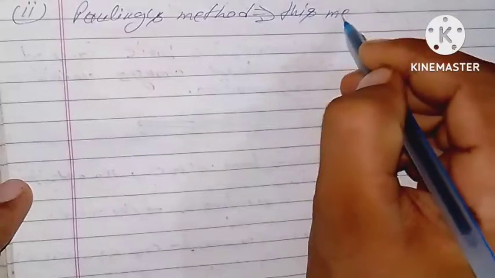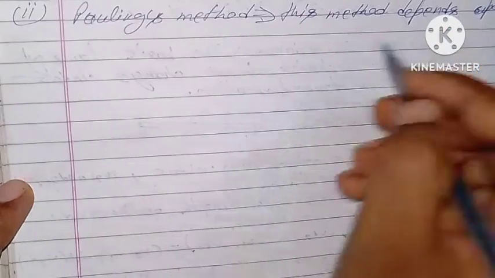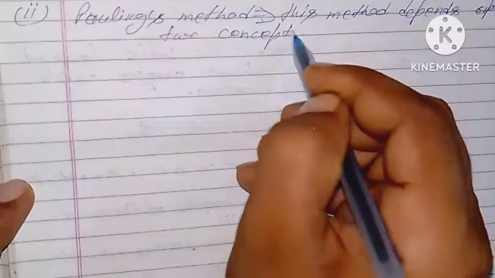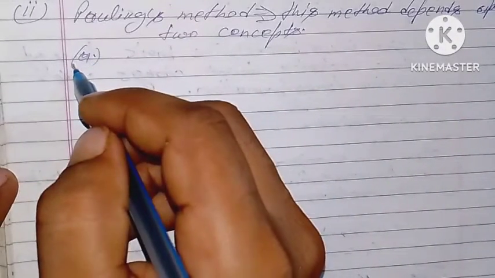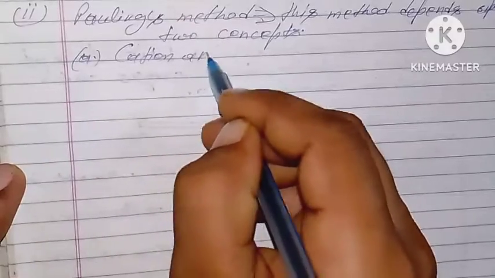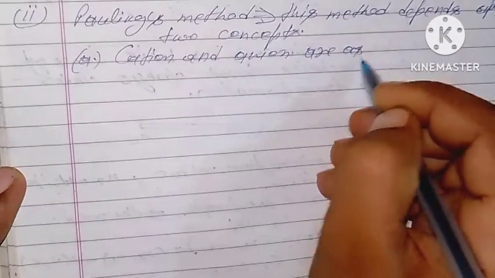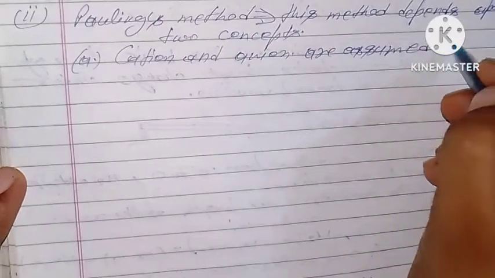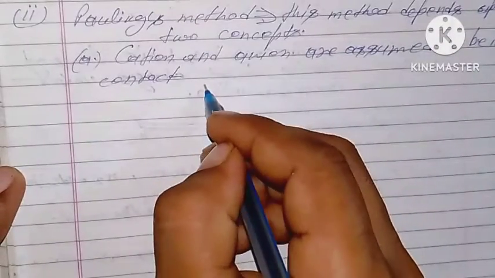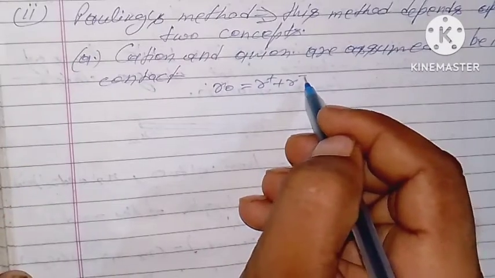First, cation and anion are assumed to be in contact. Then R0 equals R cation plus R anion.